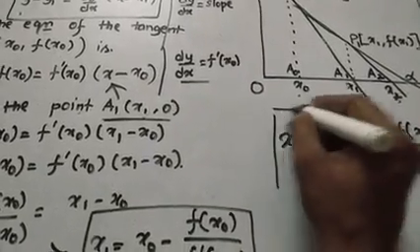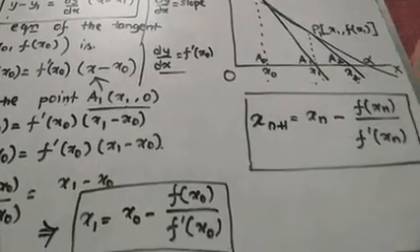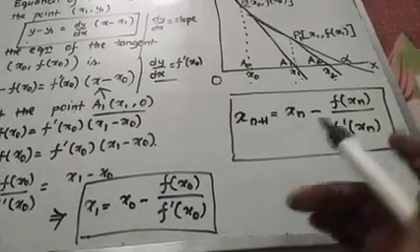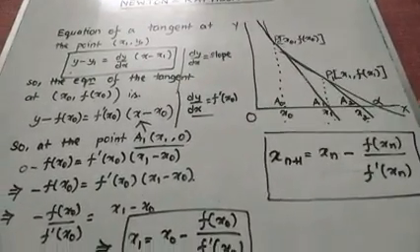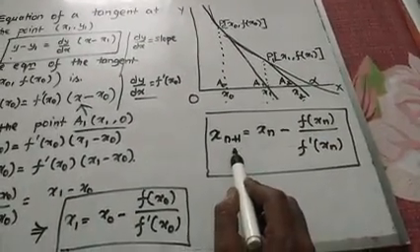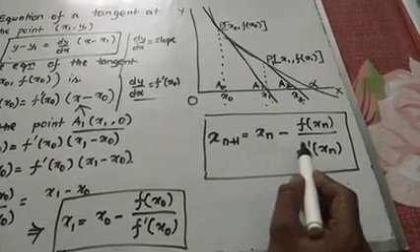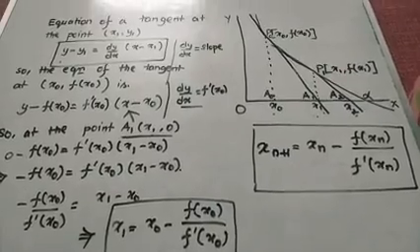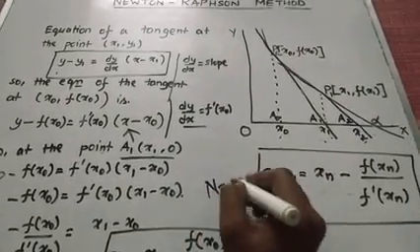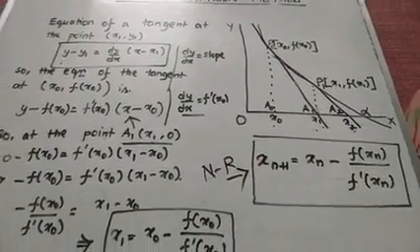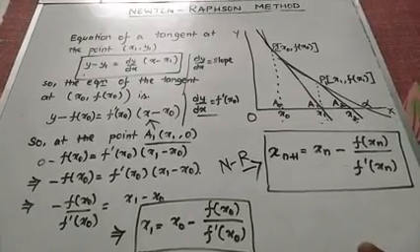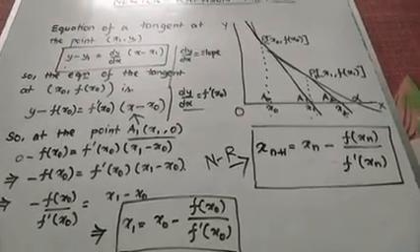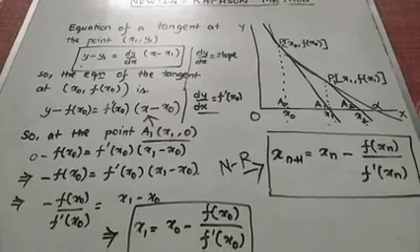This is the final formula, or you can say the nth step formula, for the Newton-Raphson method. Xn plus 1 equals xn minus f of xn by f dash of xn. This is the Newton-Raphson method formula. So this is a geometrical representation of this method.